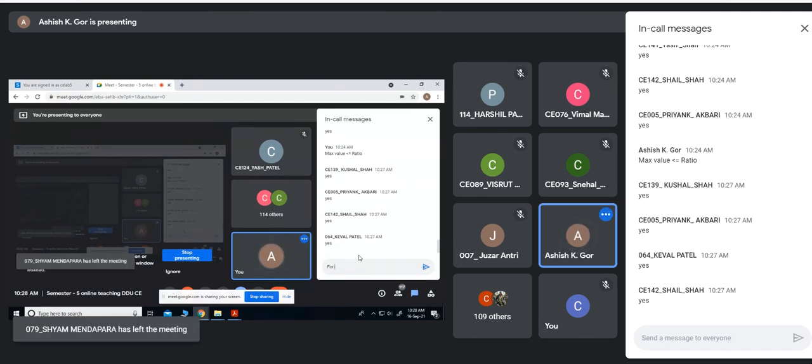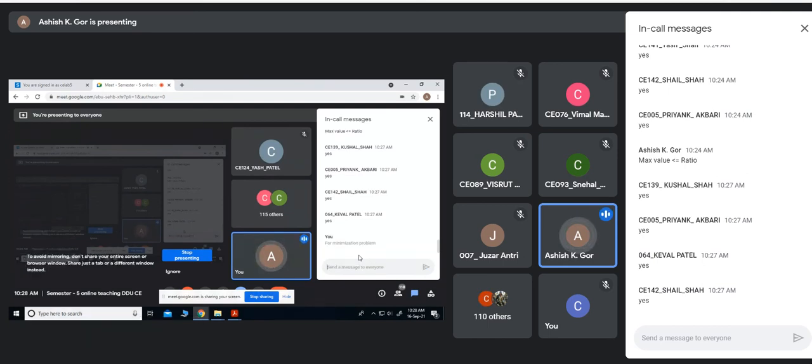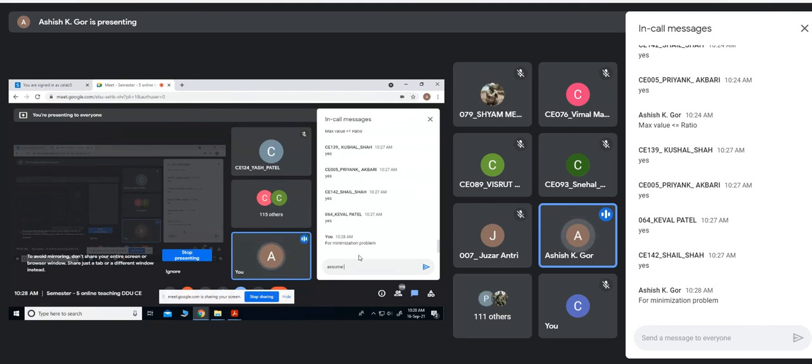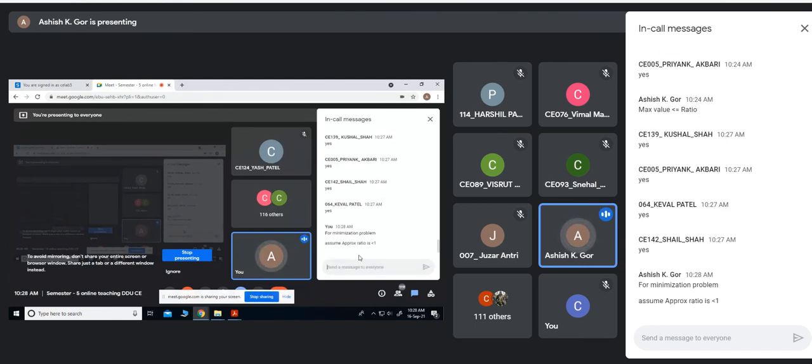Let's say for a minimization problem, assume, it is not possible, but assume that the approximation ratio is less than 1. Can you tell me what will happen in that case?